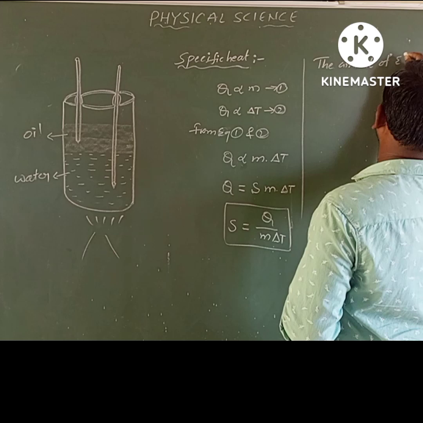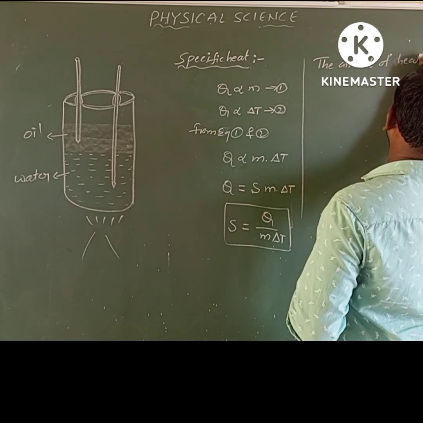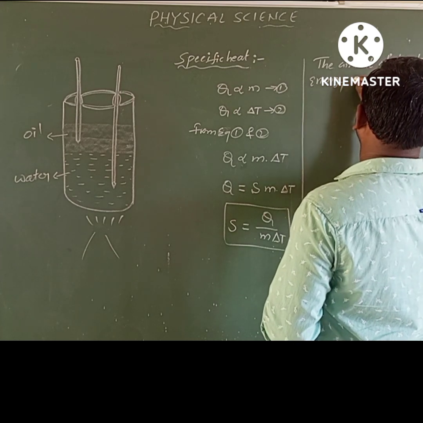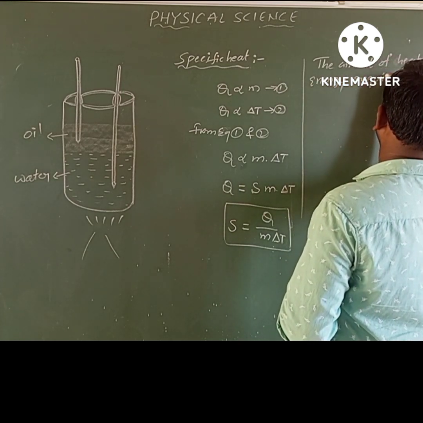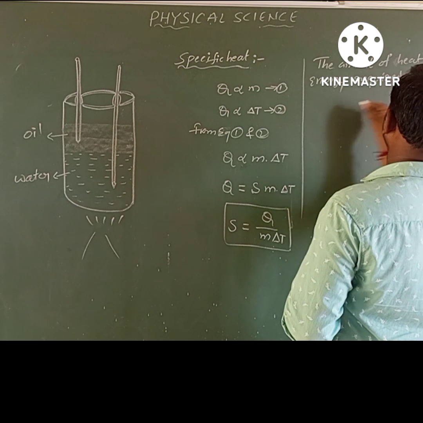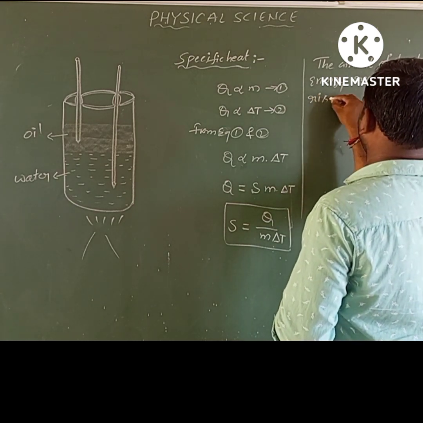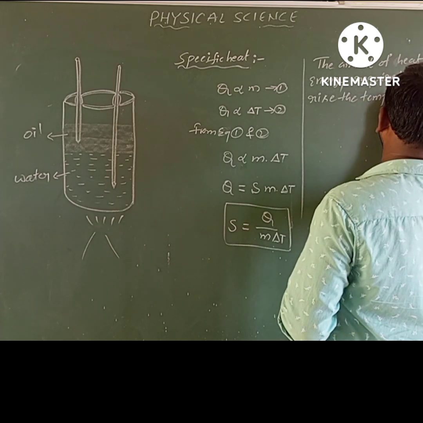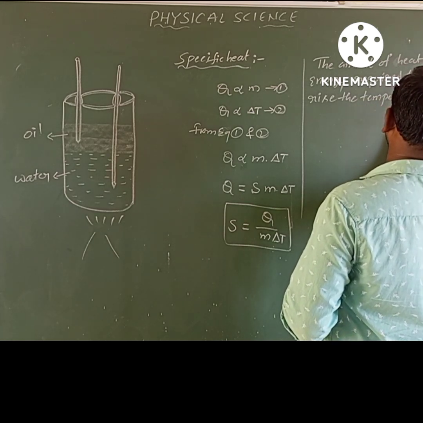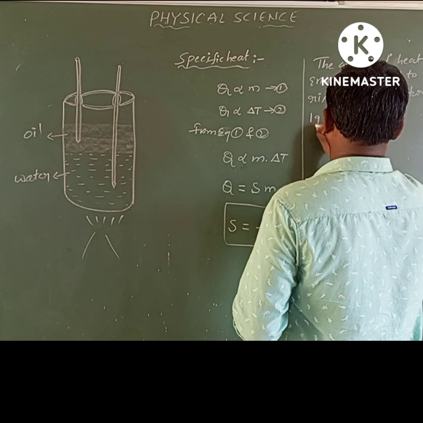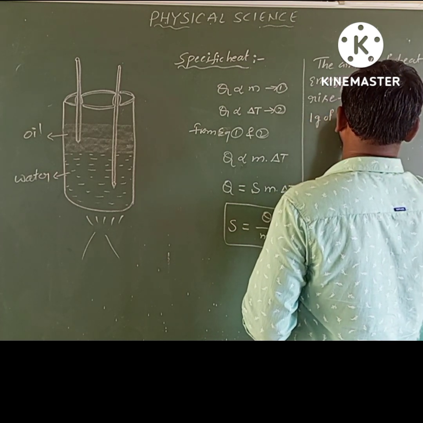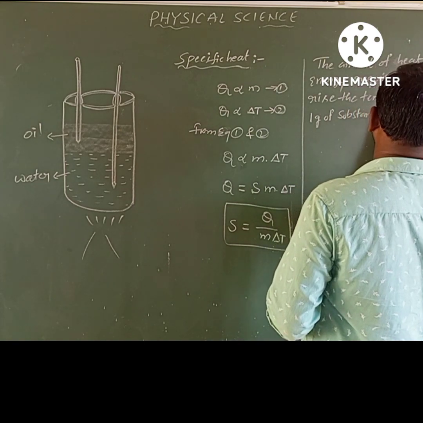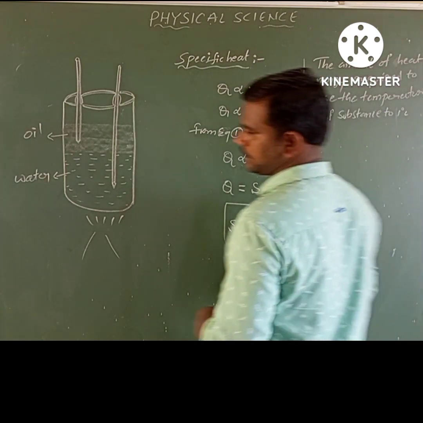The definition of specific heat is the amount of heat energy required to raise the temperature of 1 gram of substance by 1 degree Celsius.